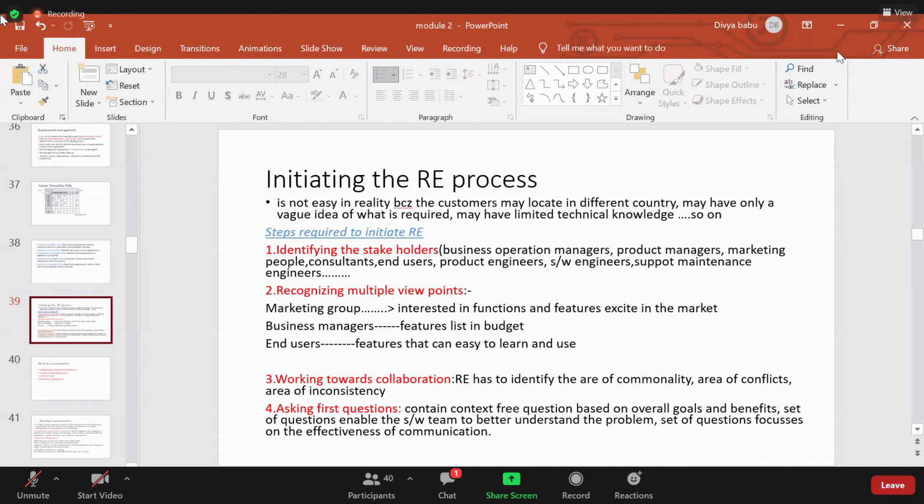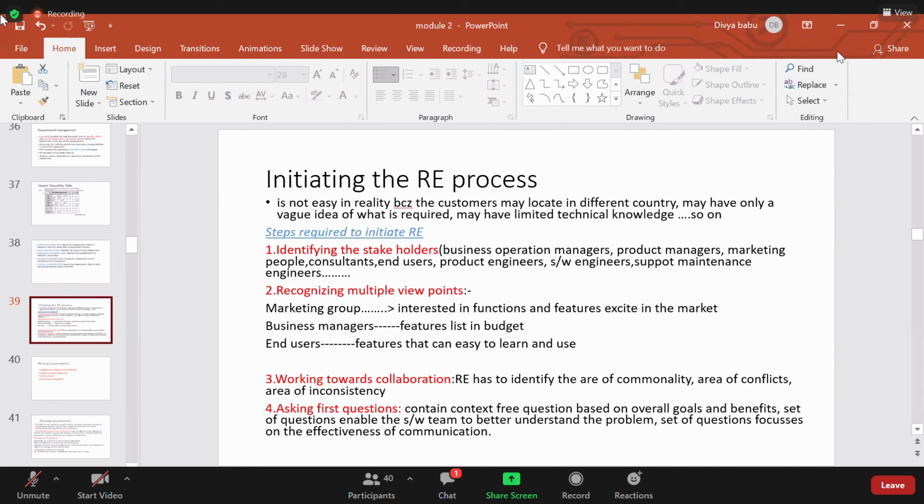So next is working towards collaboration. There are some areas which are common, some areas where there are conflicts, and some where there are inconsistencies. We should identify those areas and work collaboratively.